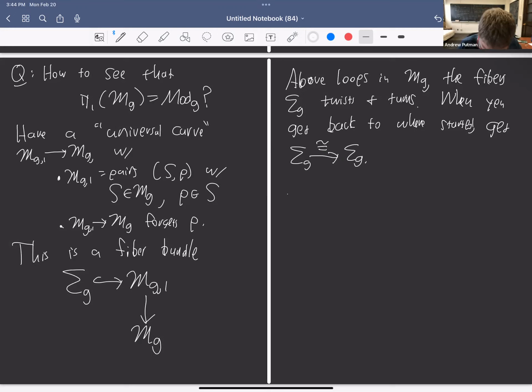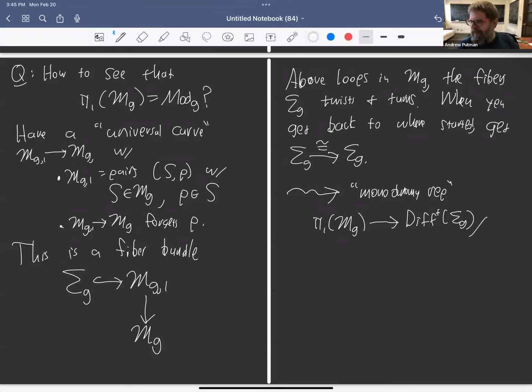And so what this gives you is what's called the monodromy representation, which goes from pi1 of Mg to, well, it's going to give you an orientation preserving diffeomorphism as you go around a loop.